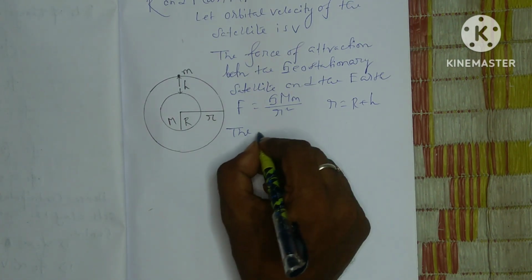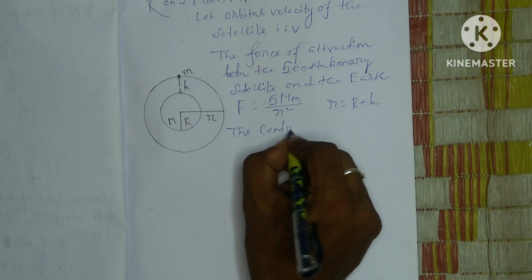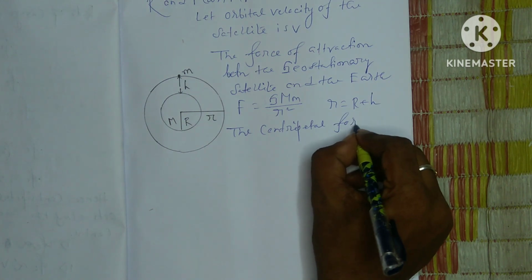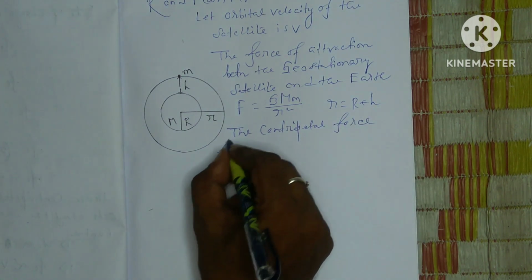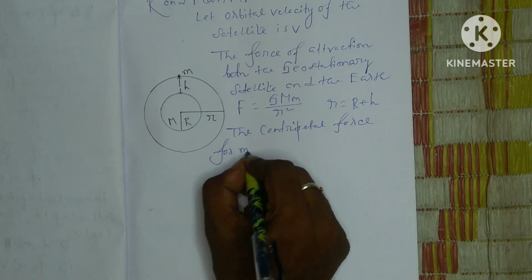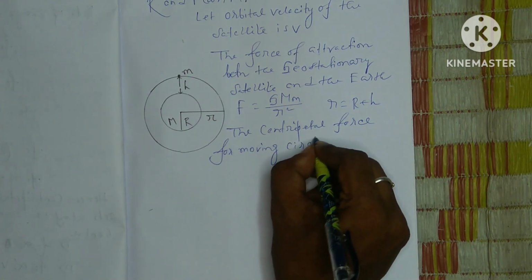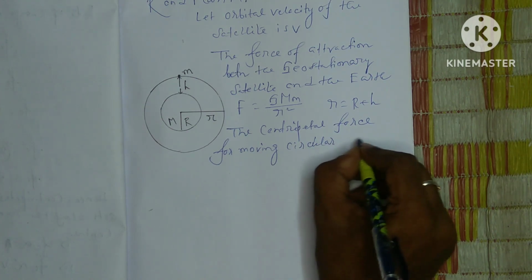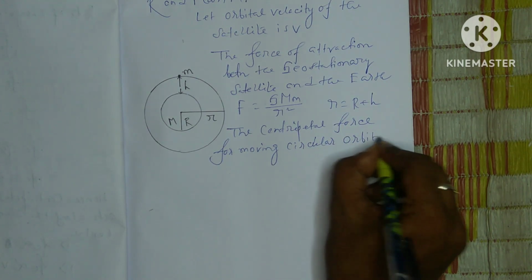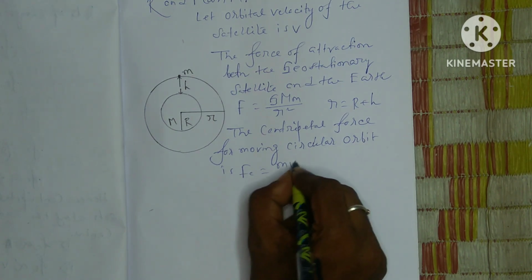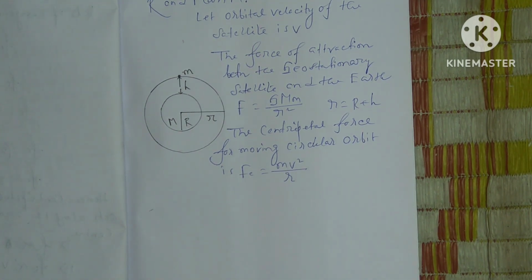The centripetal force for moving in a circular orbit is Fc equal to mv square by r.